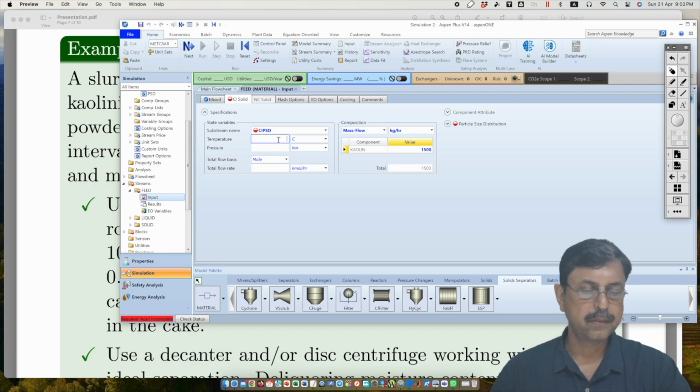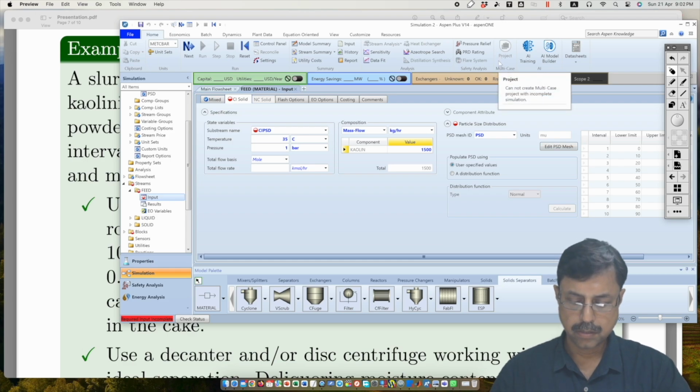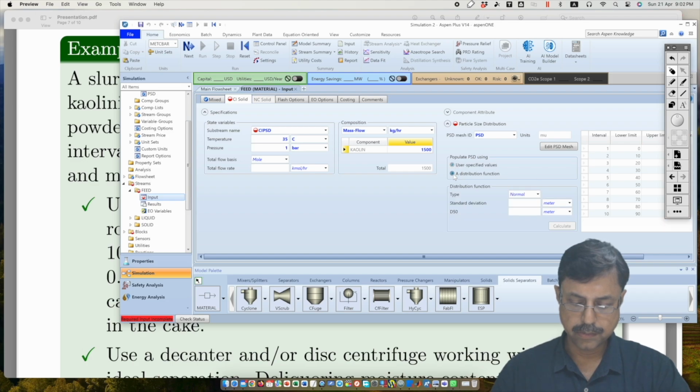It is 35 and 1 bar. Particle size distribution. So it is distribution function, which is normal.